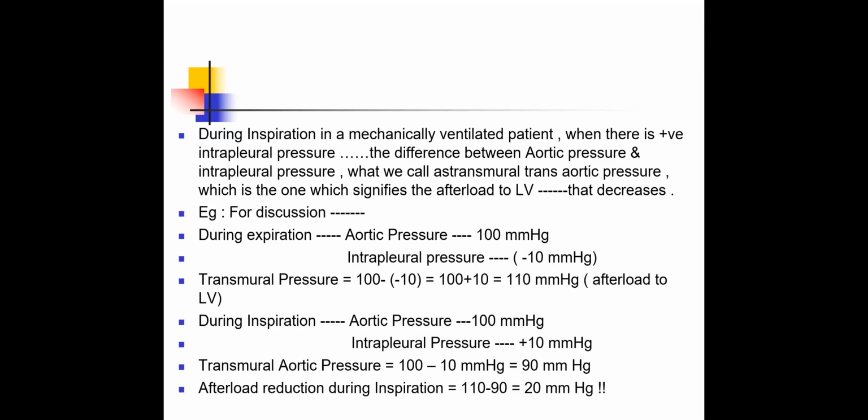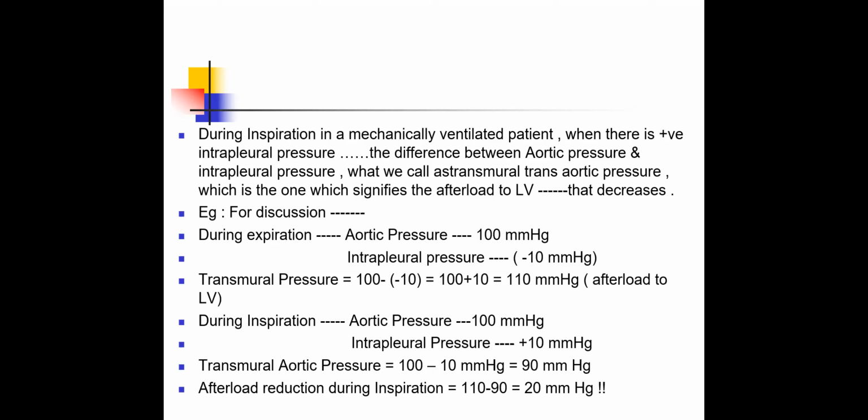What happens during inspiration? In a mechanically ventilated patient, when there is positive intrapleural pressure, the difference between the aortic pressure and the intrapleural pressure, what we call the transmural transaortic pressure, which signifies the afterload to LV, decreases.